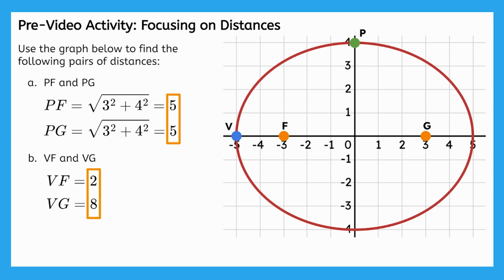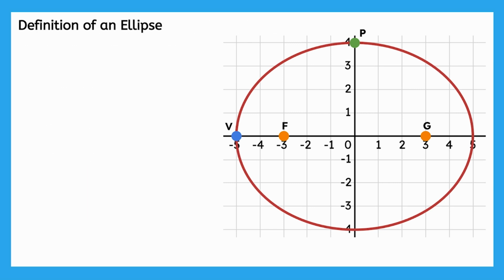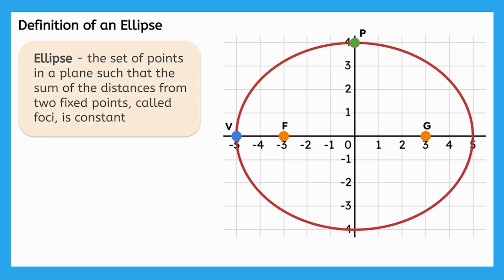Let's take a closer look at the official definition of an ellipse and see whether it sheds some light on this matter. An ellipse is defined as the set of points in a plane such that the sum of the distances from two fixed points, called foci, is constant. In this ellipse, points F and G would each be called a focus, and the plural of focus is foci.